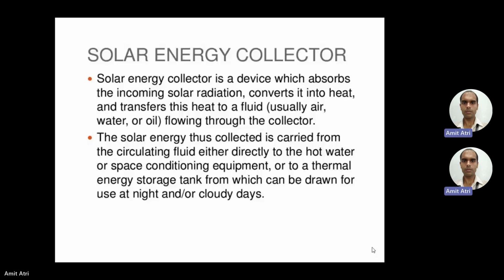High temperature collectors concentrate sunlight using mirrors or lenses. We need mirrors or lenses to concentrate the sunlight at some particular area or point. The temperature can go more than 400 degrees Celsius. Up to 400 is medium, 150 to 400, and more than 400 is high temperature.